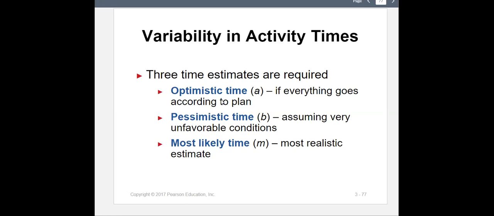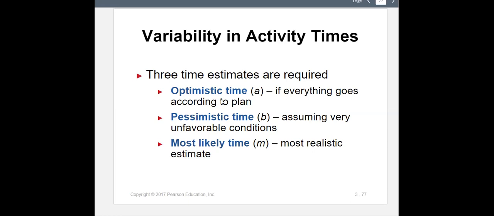We show it with A, that's your lower bound, if everything goes according to plan. And pessimistic time is your upper bound. It's assuming very unfavorable conditions happen, delays happen. If those delays happen, how long does it take for us to complete this task? That is B. A is earliest, B is latest.